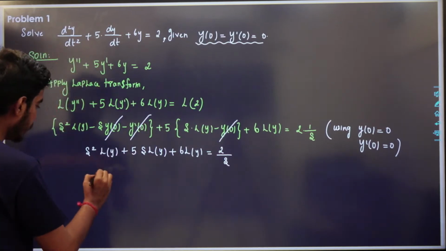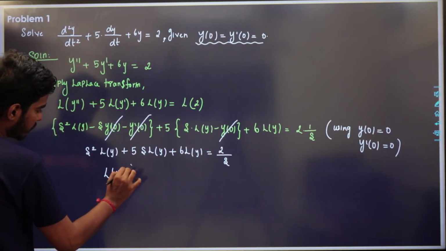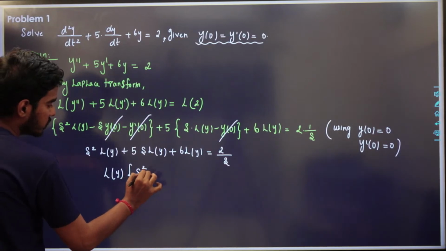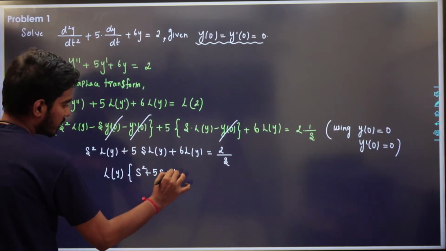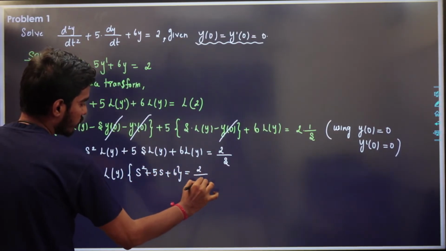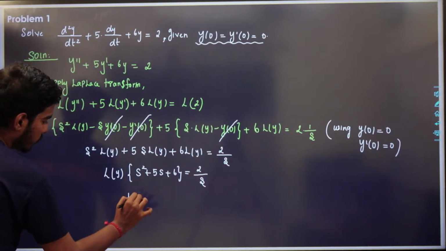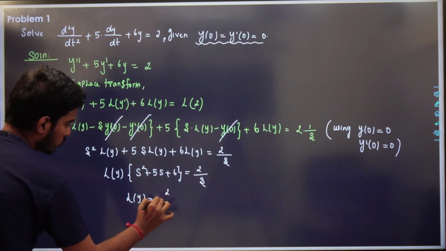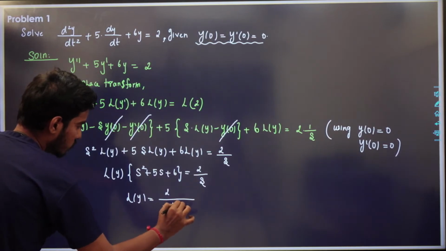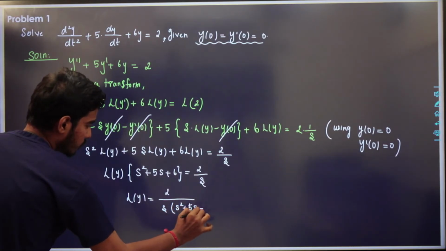Now if we take L of y outside, we will have s square plus 5s plus 6 is equal to 2 by s. So this means L of y is equal to 2 divided by s into s square plus 5s plus 6.